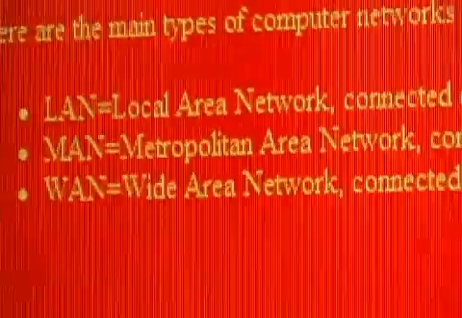So if they're more than a block away from each other and less than 48 kilometers, which is 30 miles, then that is a MAN, M-A-N. So just to get the description here, MAN, Metropolitan Area Network, is connected computers within 48 kilometers, which is 30 miles.